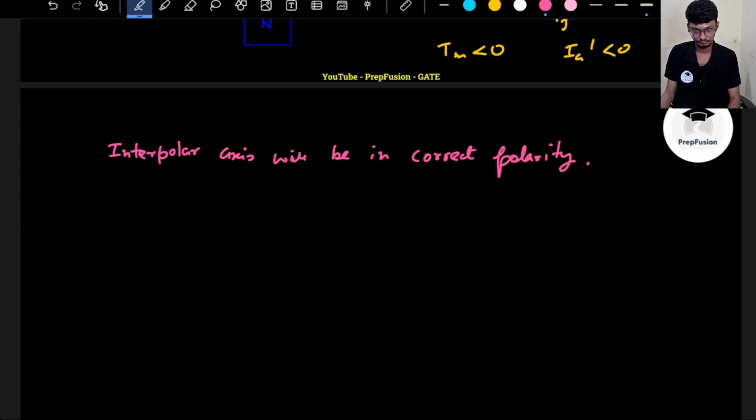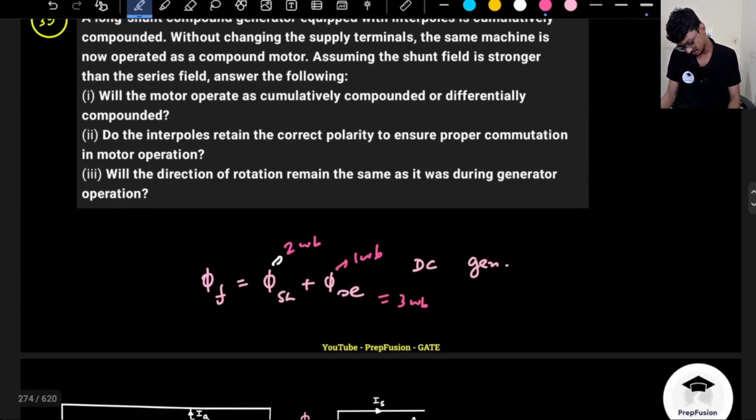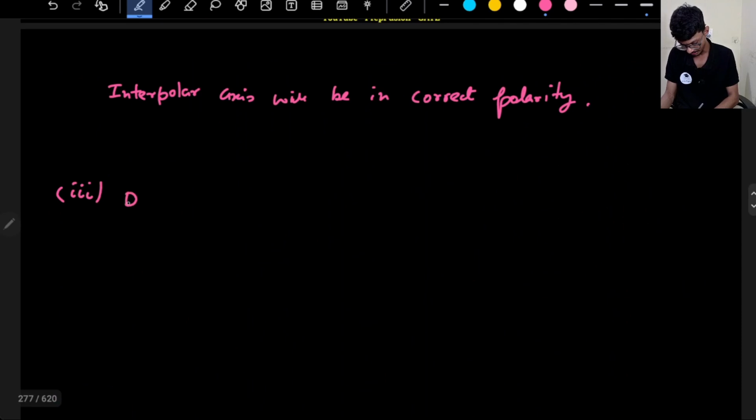Now, what is the third? Will the direction of rotation remain the same as it was during the generator? No, right? This we have already discussed. The direction of rotation will change.